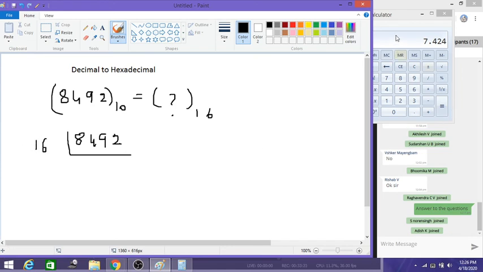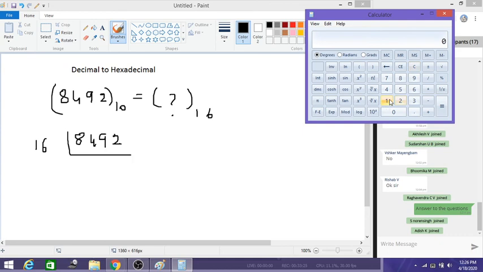Again it's a random guess we have to start with. 16 into say 9, we will get very small numbers. Then 16 into 15, we are getting a very small number. It means we have to go for a bigger number. So let us say 16 into 500 somewhere. So we'll get 8000. We are somewhere close.